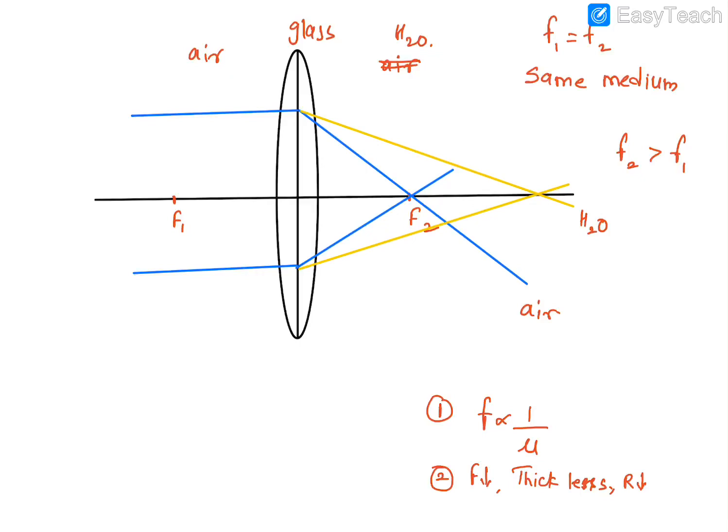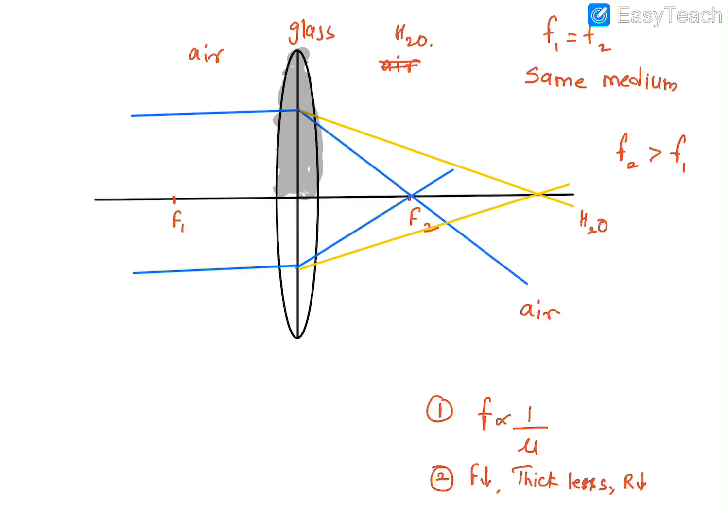Another application they can ask you is, what if I paint half of this lens black? Okay, say if I just paint half of this lens black, say all this is painted, what difference is it going to make?